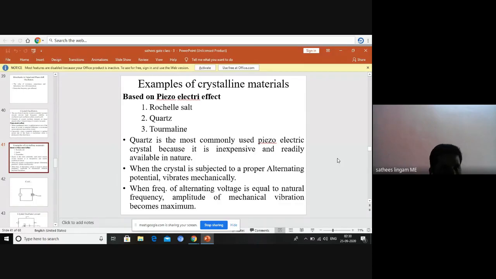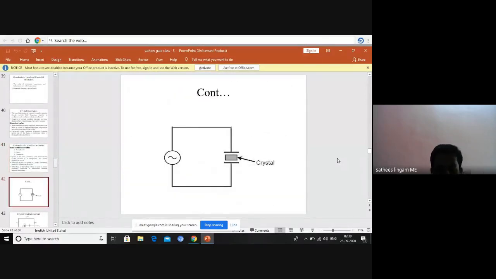When the applied alternating voltage frequency is equal to it, the vibration becomes maximum. See here, this is the common connection.